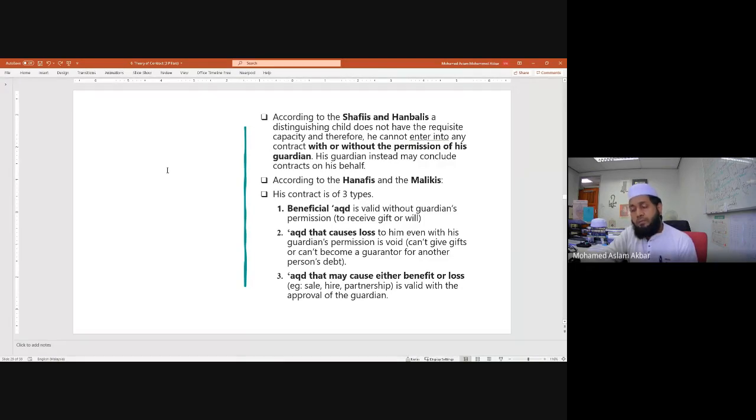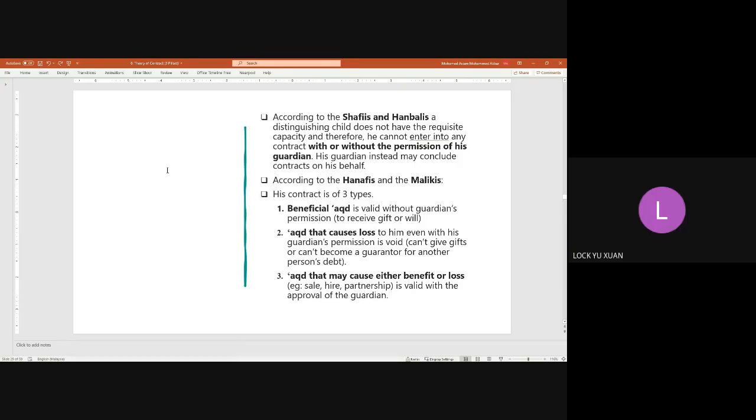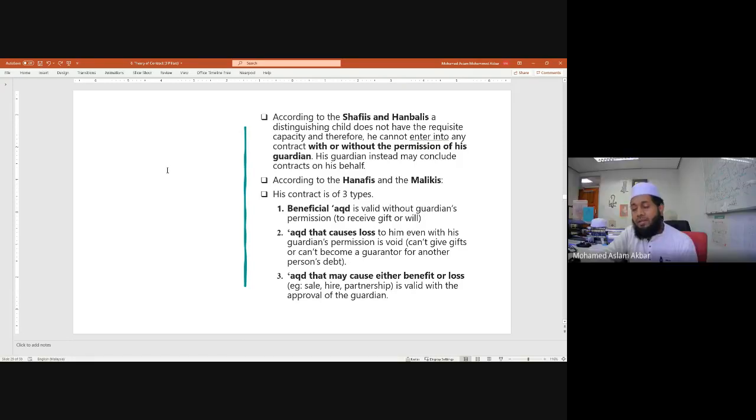But here we are talking about whether this Shabi al-Mumayyiz, the distinguished child, can himself or herself deal in trade.